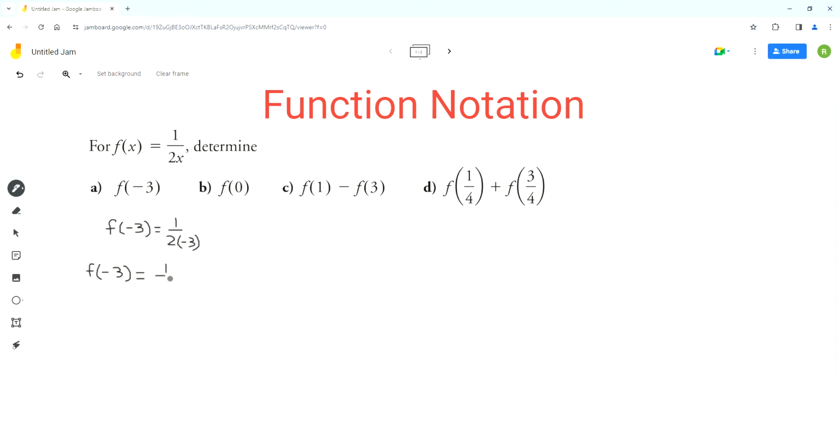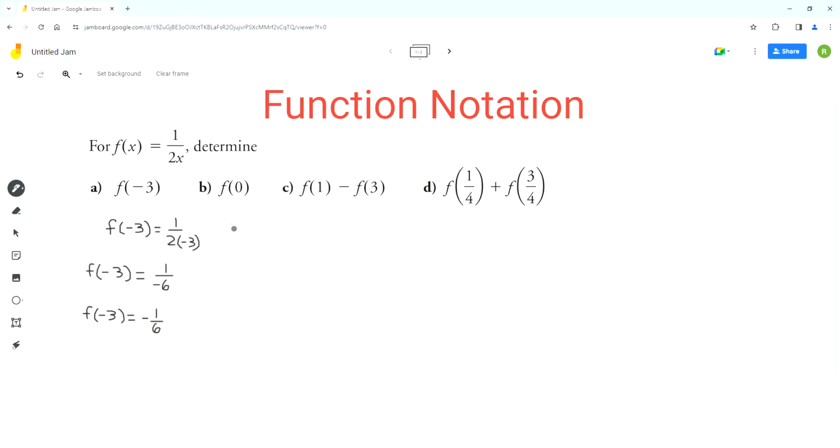So we get 1 over negative 6. Now in the final answer, we can put this negative sign in front of the fraction. So we get f at negative 3 equals negative 1 over 6. So this should be the final answer for part A.